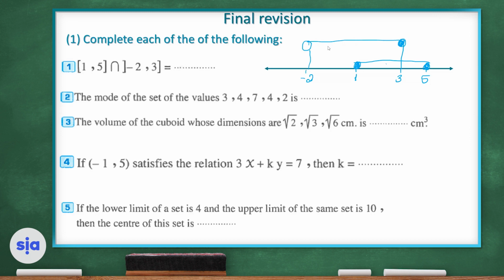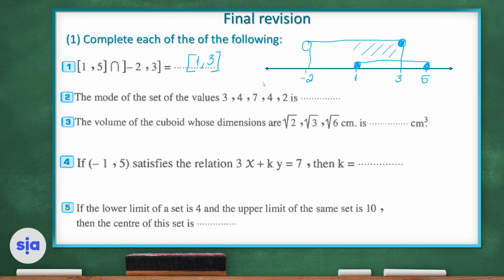So where is the part that is in common between the first interval and the second interval? Yes, it's this part. So it's from 1 closed until 3 closed.